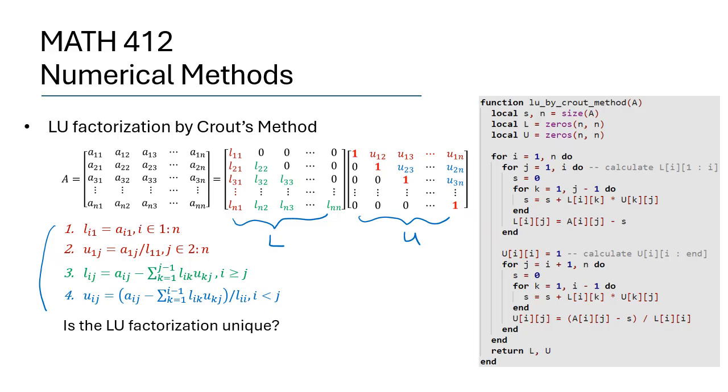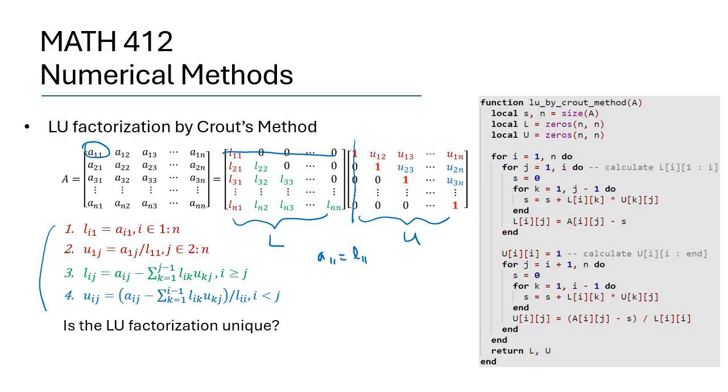Say, for example, how about A11? A11 is given by the first row of L times the first column of U, and you know A11 is simply L11 times 1.